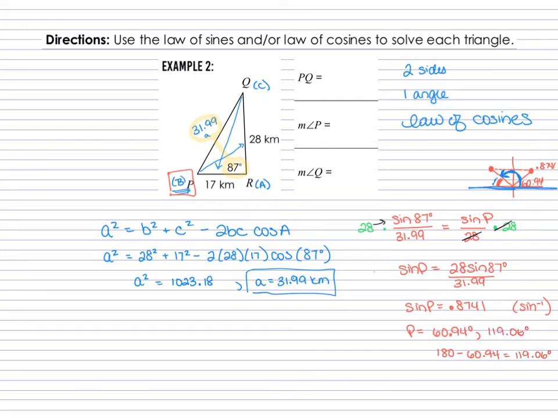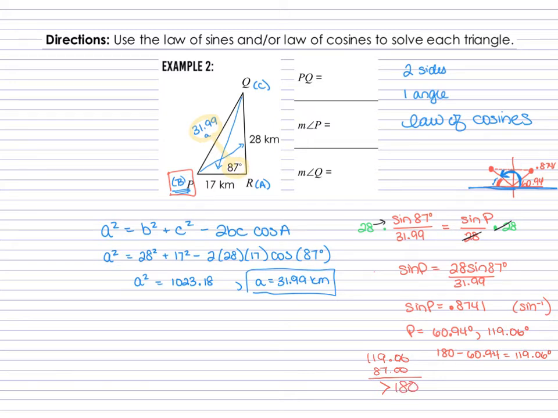Now we have to think about whether it would make sense for angle B to measure 119.06 degrees. Well, we already know that we have an angle that is 87 degrees. If we add 119.06 to 87 degrees, we end up with a sum greater than 180.